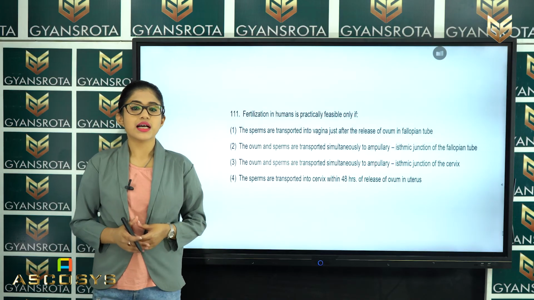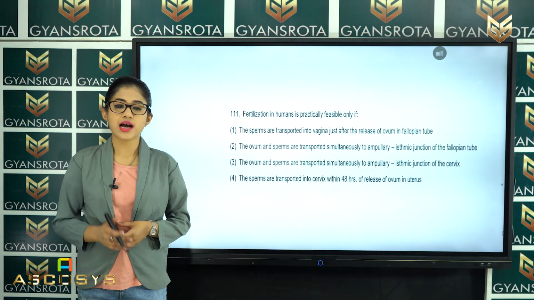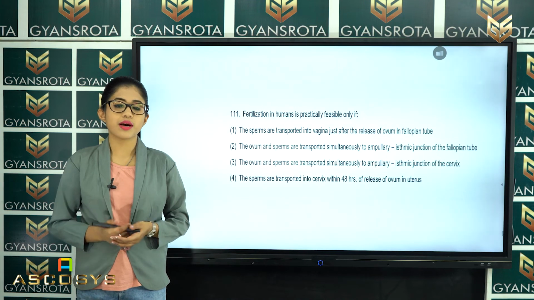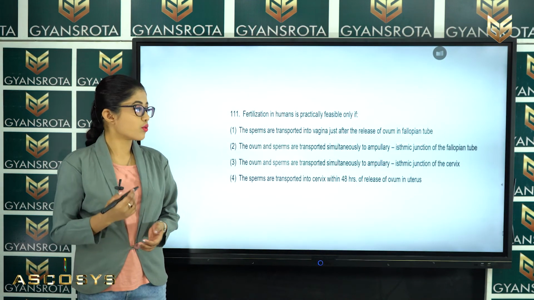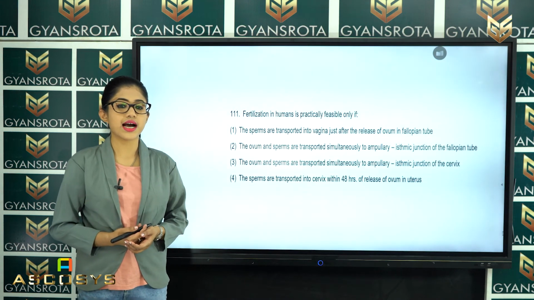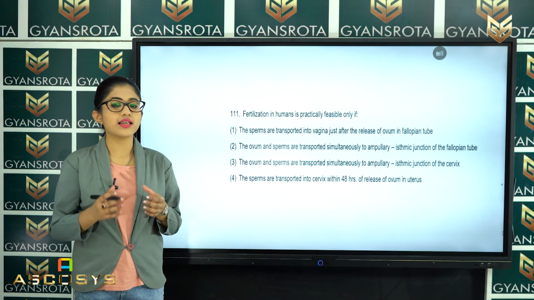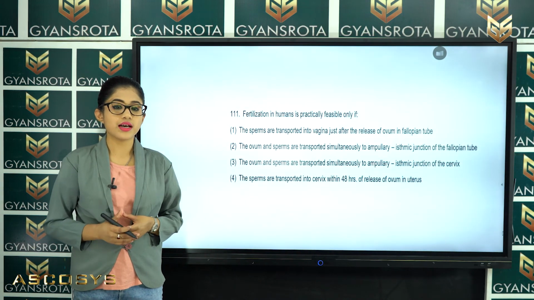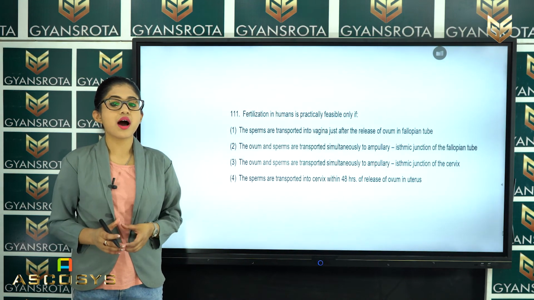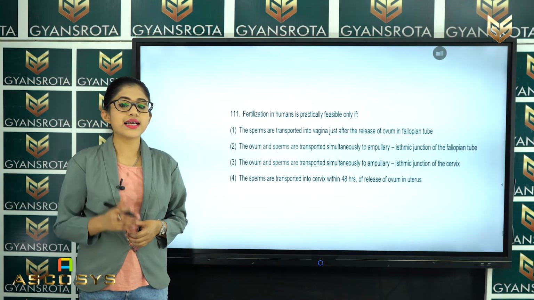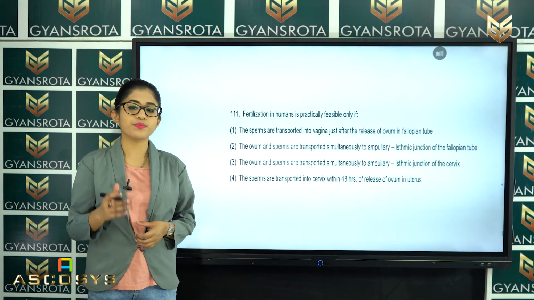So, this is a very easy question and we have discussed human fertilization in the chapter Human Reproduction. So, what is the correct answer among these? In this question it has asked that fertilization in humans is practically feasible only when the ovum and sperm are transported simultaneously to the ampullary isthmic junction of the fallopian tube.